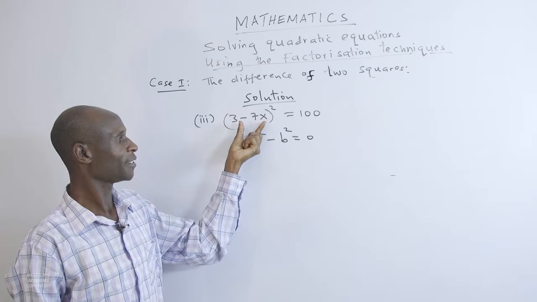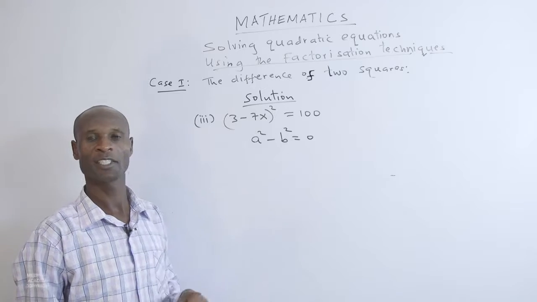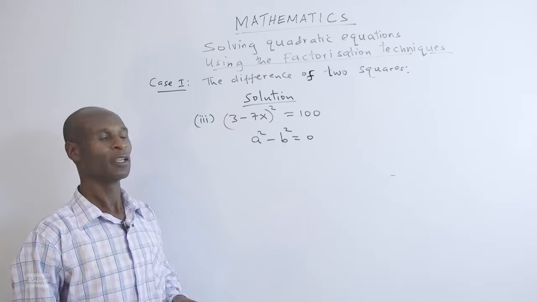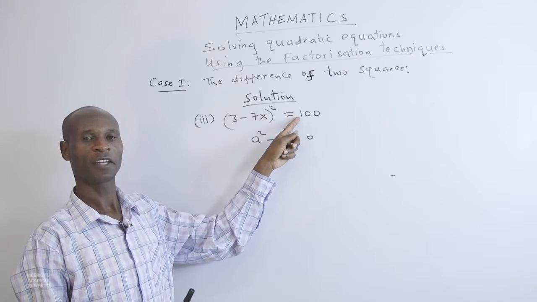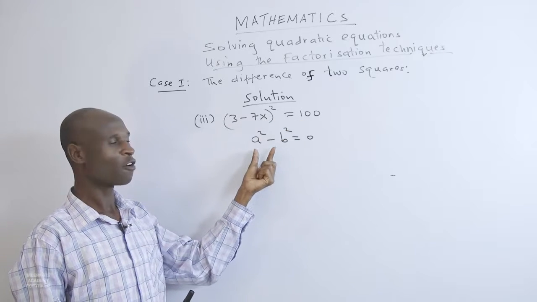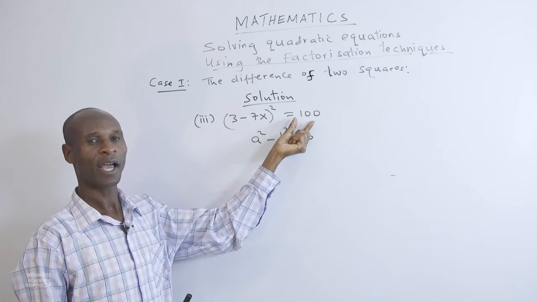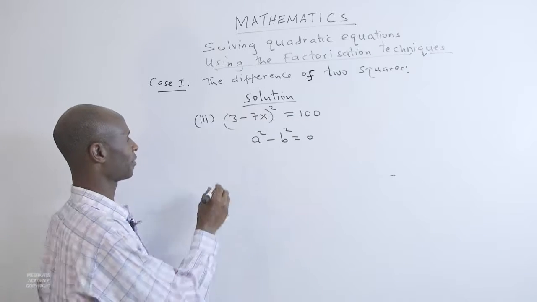So you might realize that the constant term is on the right-hand side. So we need to collect it to the left-hand side. Because it's positive 100, what do we do? To express in the form a squared minus b squared is equal to 0, we subtract 100 from both sides.